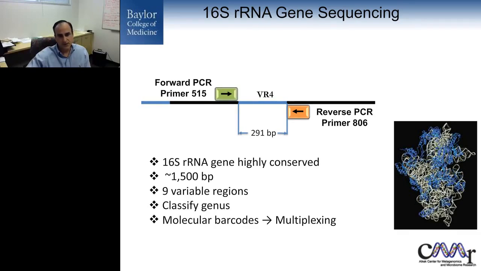The way we do this is that we attach molecular barcodes to our PCR primers. That allows us to bioinformatically tease out which members of that pool contribute what signal, so identifying which microbes are in that sample. We typically pool around 400 samples in one given Illumina run.